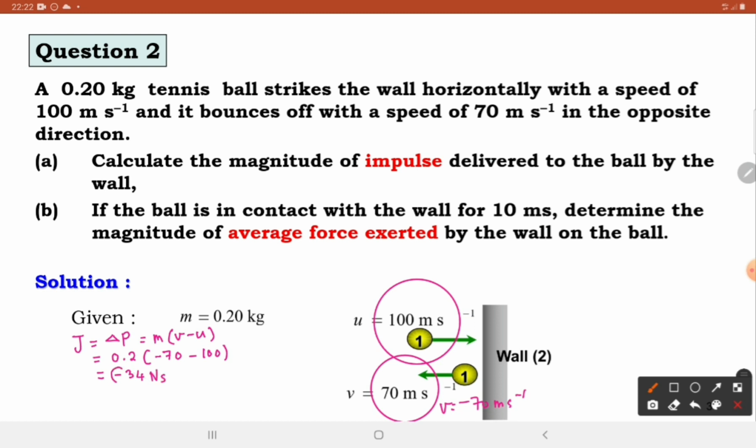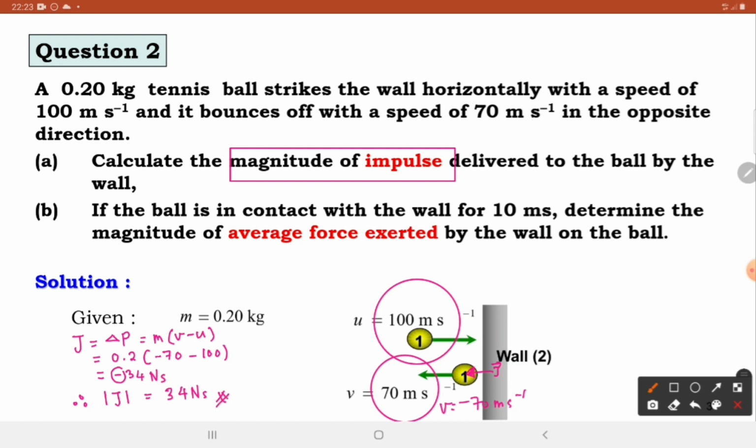This negative value indicates that the direction of the impulse is to the left. Since you are required to find the magnitude of impulse only, your final answer for J is positive 34 Newton second.